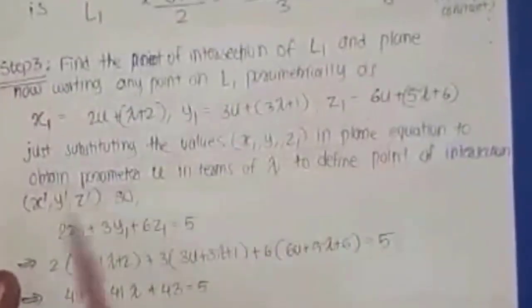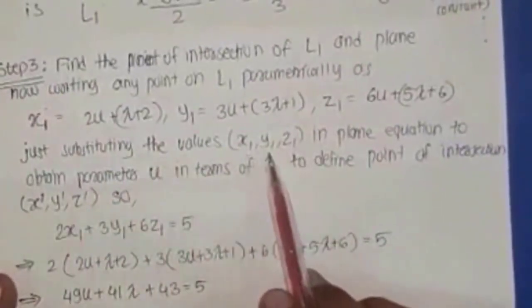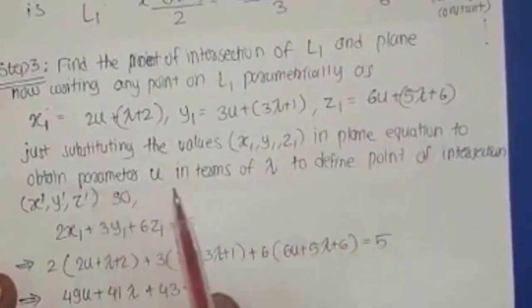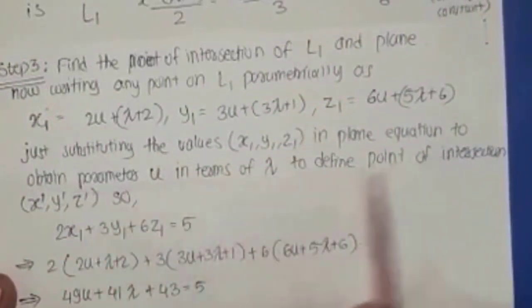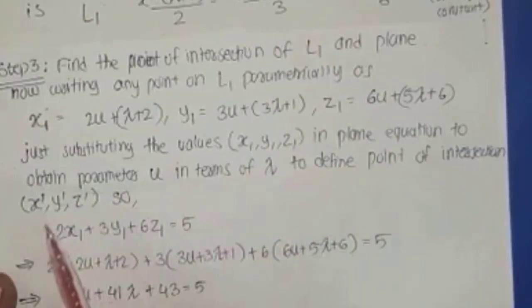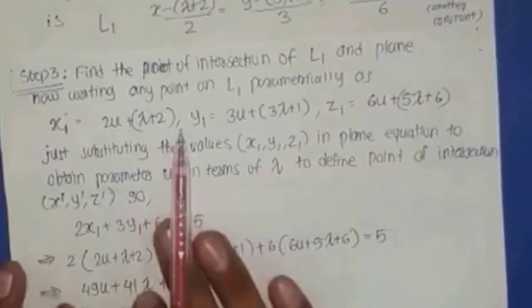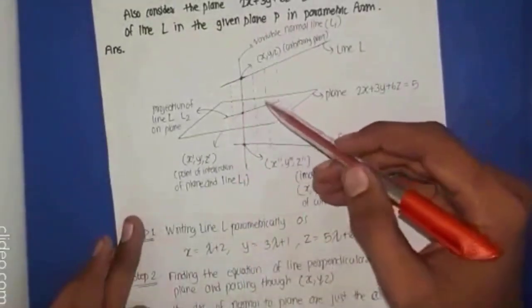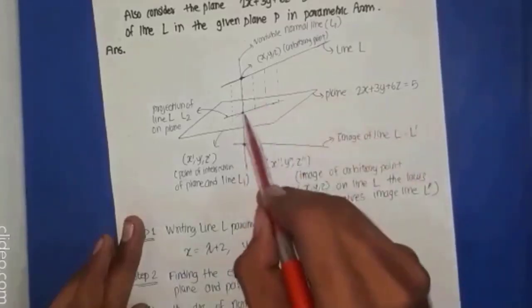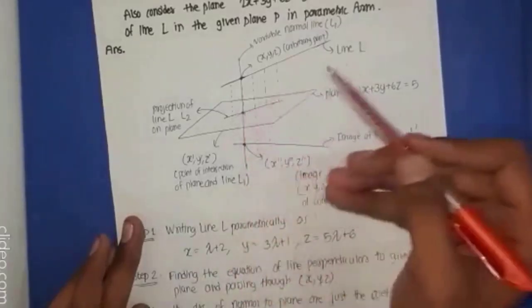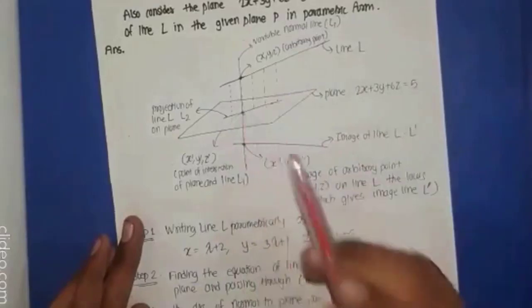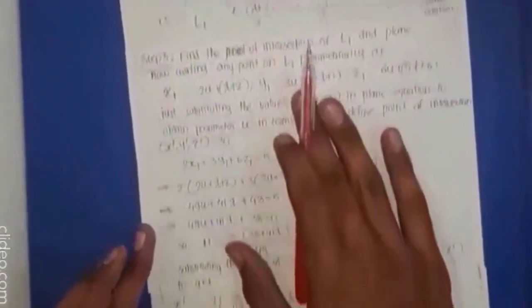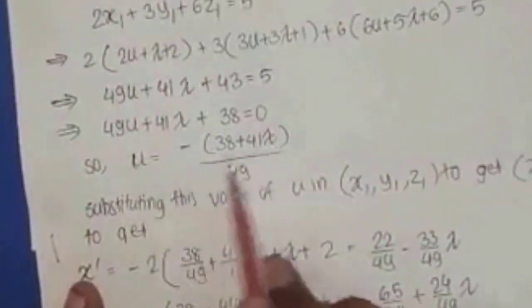Now substituting these values of x1, y1, z1 in the plane equation to obtain the parameter mu in terms of lambda, to define the point of intersection, that is x dash, y dash, z dash. So what we are doing is just substituting x1, y1 and z1 in the plane to obtain the coordinates of this point. After substituting we get mu in terms of lambda.